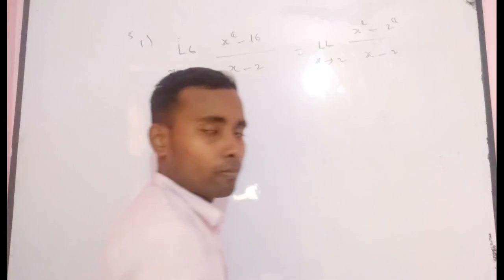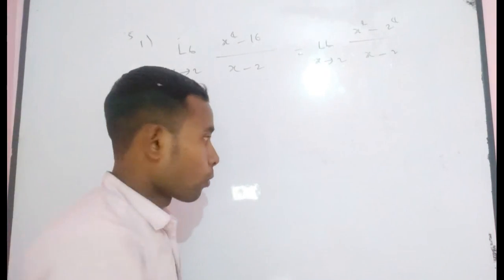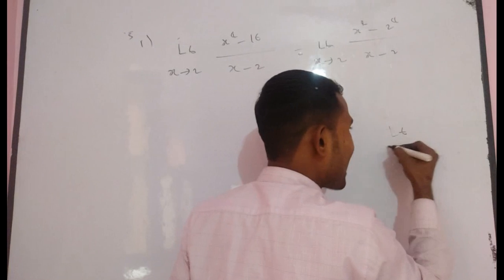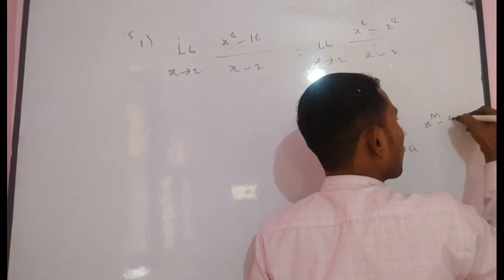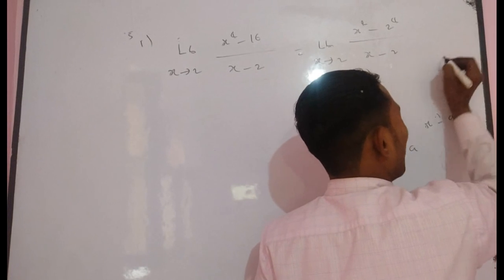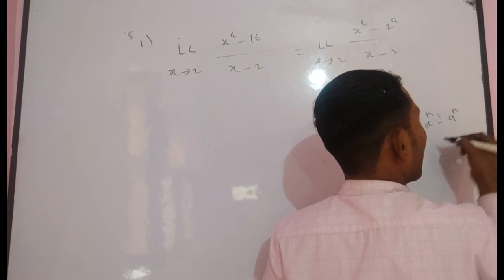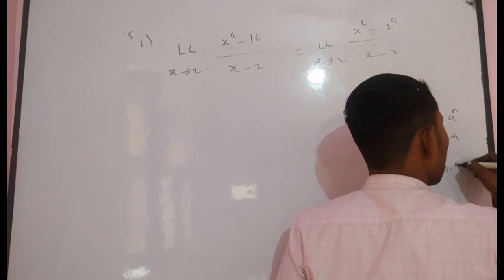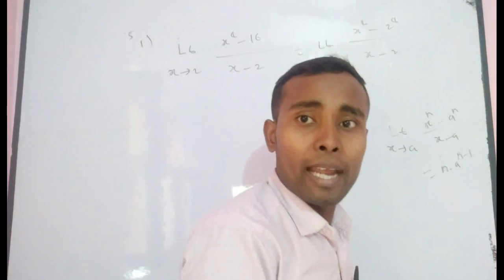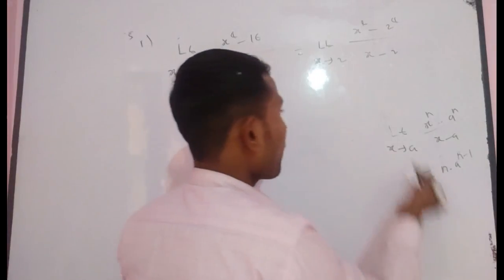And you know the formula: limit x tends to a, x to the power n minus a to the power n divided by x minus a is equal to n into a to the power n minus 1, about which I have already told you. So you can put it in directly.